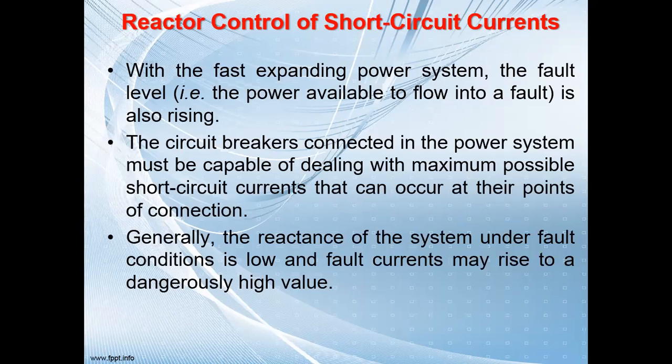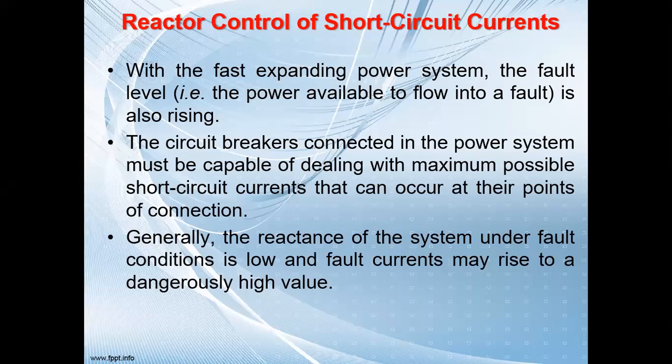There is a way by which we can control this fault current: reactors are connected in series with the line. Try to understand this point very carefully. When we connect a reactor in series with the circuit, that reactor is basically an inductance, so it offers inductive reactance, which means an impedance in the circuit.